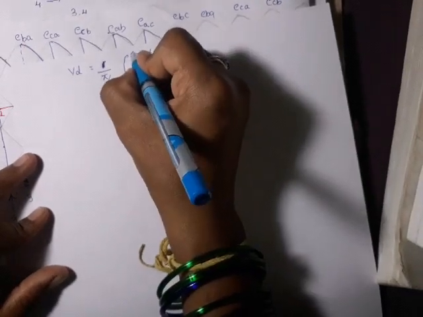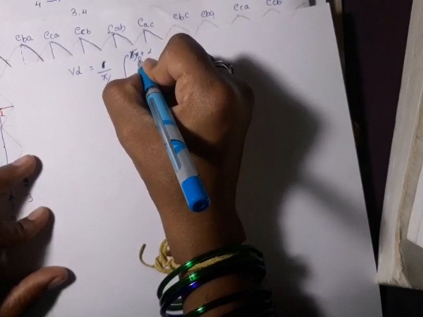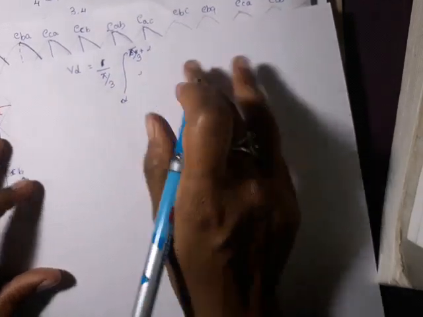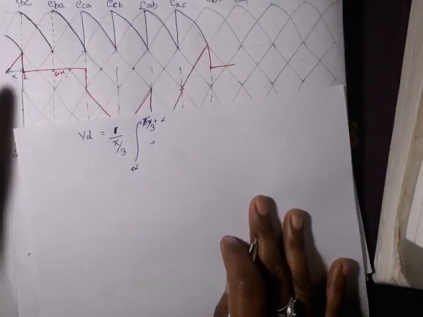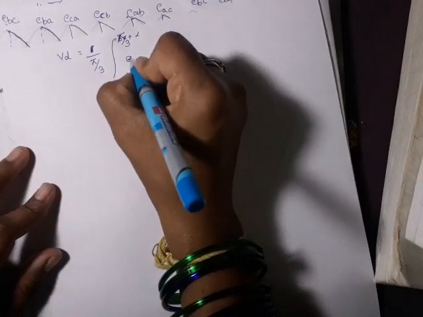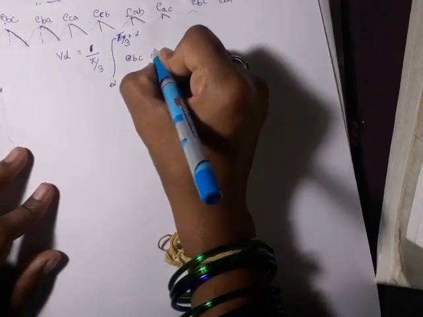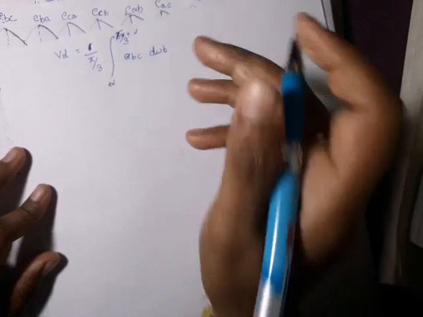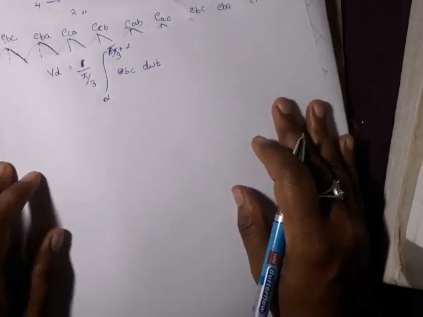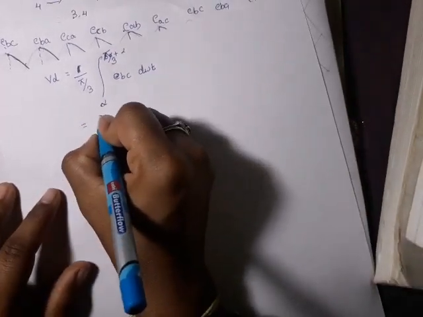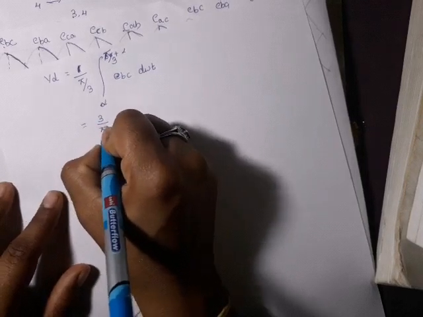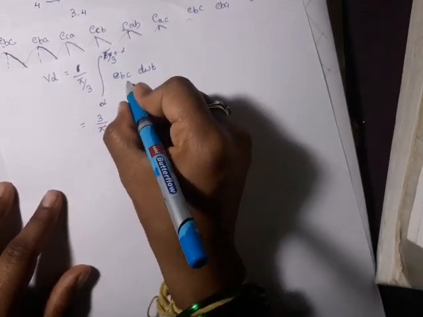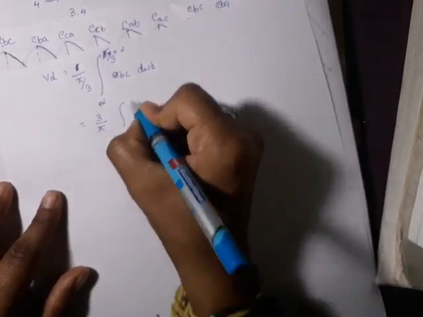Which voltage are we getting? We are getting EBC, and we need to integrate it with respect to omega t. So now this will become 3 by pi times the integral of EBC.